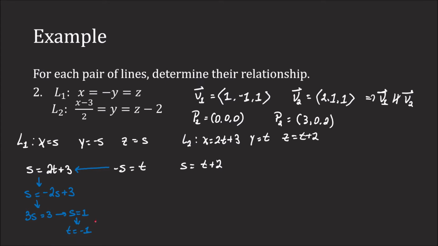Take these two values and plug them into that third and final equation. So we get 1 is equal to negative 1 plus 2, so 1 is equal to 1. That checks out.